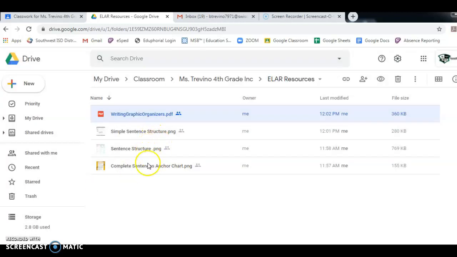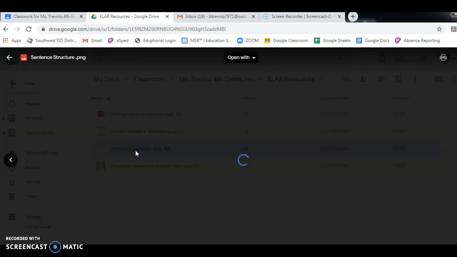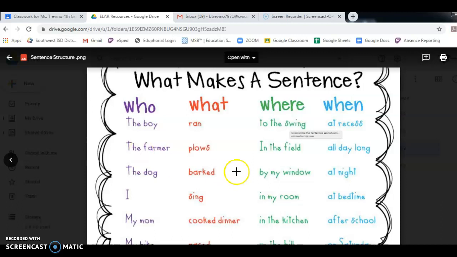In here I also have examples on how to write complete sentences, right? Because it's important that all year long we worked on writing complete sentences and using proper grammar, punctuation, capitalization, okay? So over here, what makes a sentence?